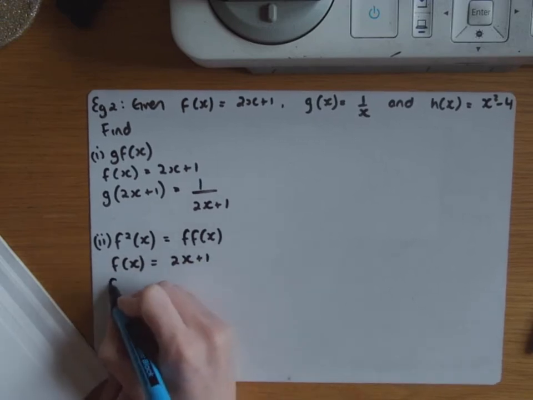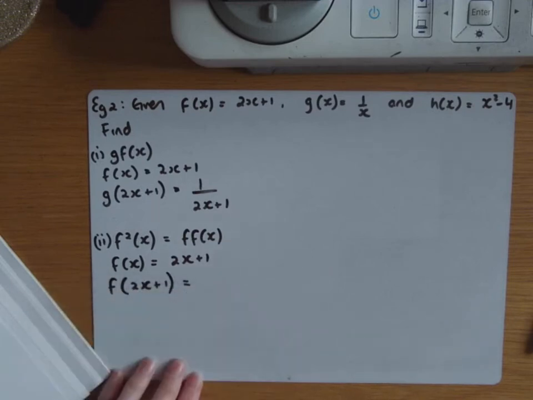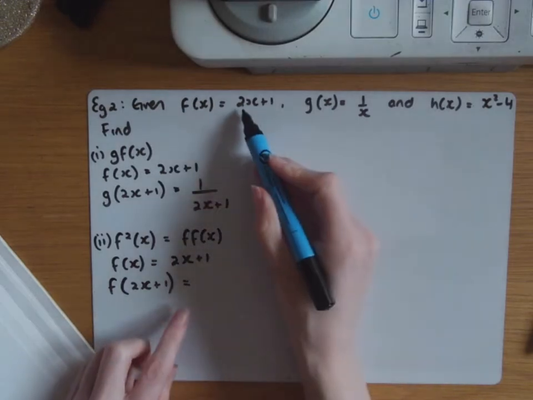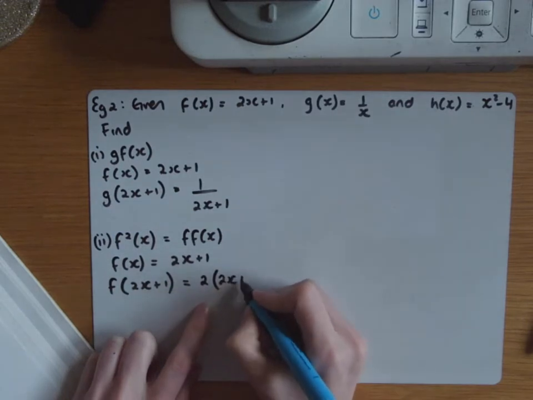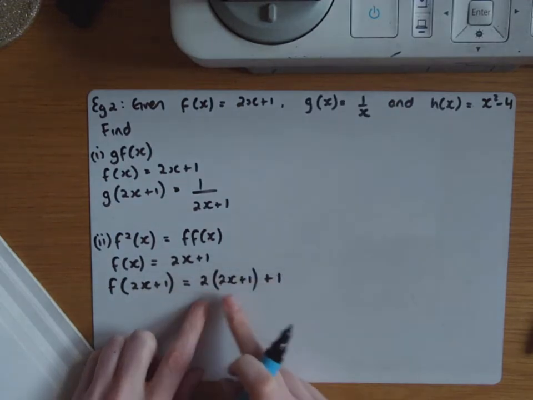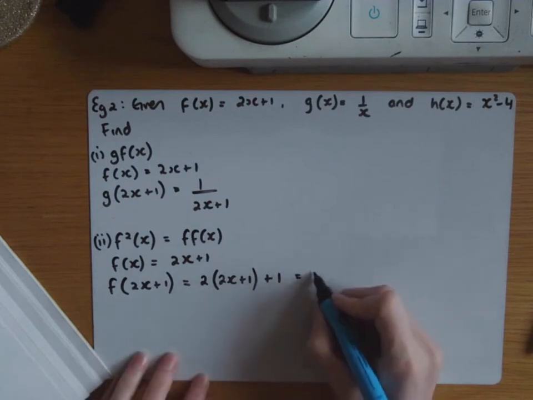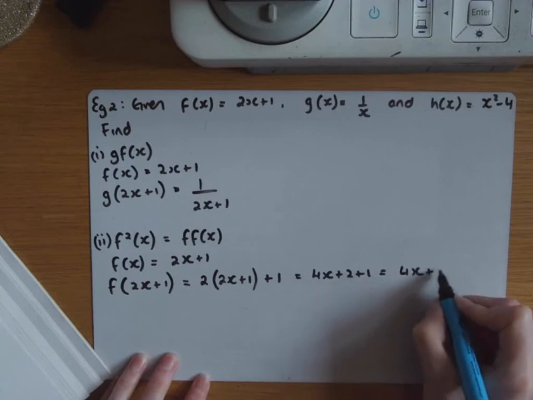And then I need to get f of my answer, f of 2x plus 1. So that means my input in the f function is now 2x plus 1. So it becomes 2, instead of x, I have 2x plus 1. So that's 4x plus 2 plus 1, 4x plus 3.